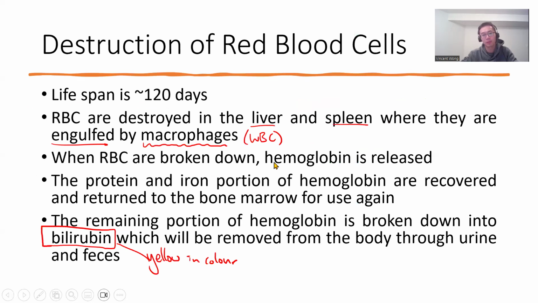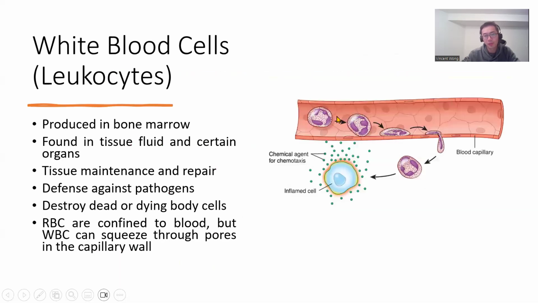For example, they can stay in the liver and the spleen to help destroy these old red cells. So they are in the bloodstream, and remember the capillaries are leaky, right? So the white cells can squeeze themselves out, and they can attack things that are not supposed to be there.